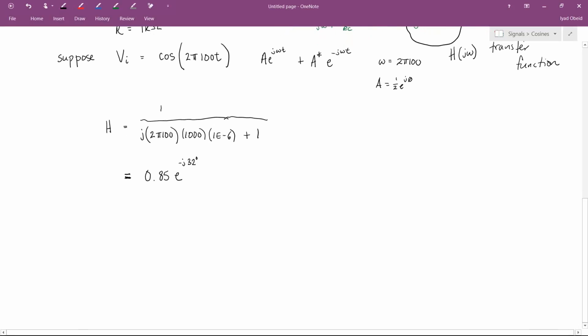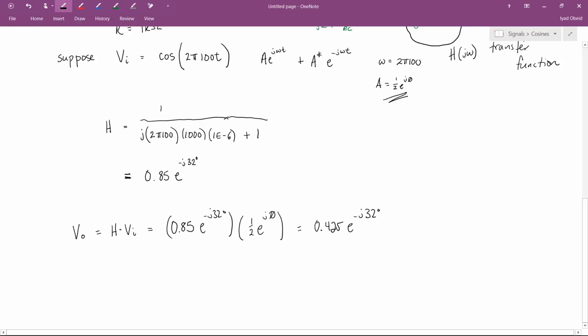Okay, so finally, according to our equation before, V out is going to equal H times V in, which is going to equal 0.85 e to the minus j 32 degrees times our value of A, which was 1/2 e to the j 0. And when I put it together, what I've got is 0.85 over 2, which is 0.425 e to the minus j 32 degrees.